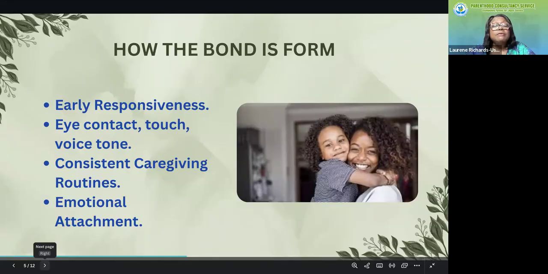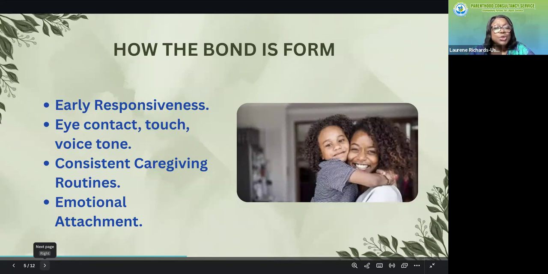Just looking in the face of your baby, in the eyes of your baby, and bonding together, it creates that secure attachment. The next is the eye contact, as I mentioned earlier, the touch, the voice tone.